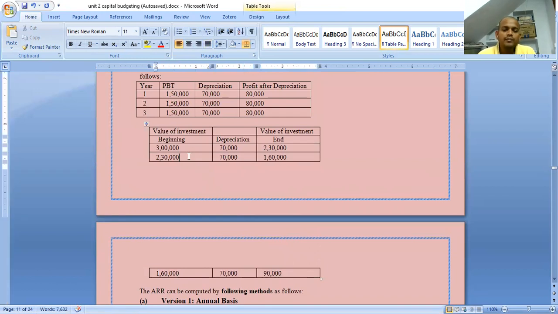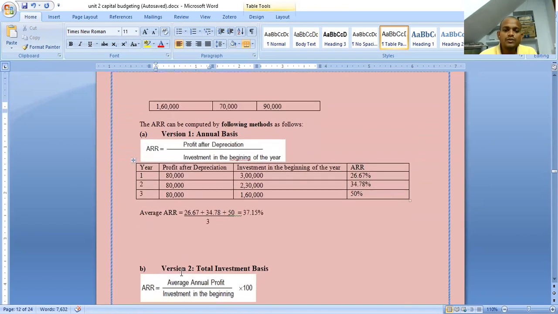In the second year beginning 2 lakh 30,000. In the third year beginning it is 1 lakh 60,000. So each year we have to calculate the accounting rate of return. So profit after depreciation divided by investment in the beginning of the year.